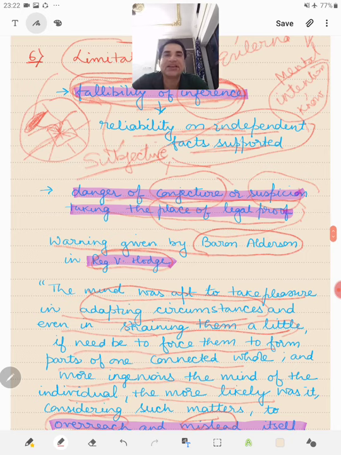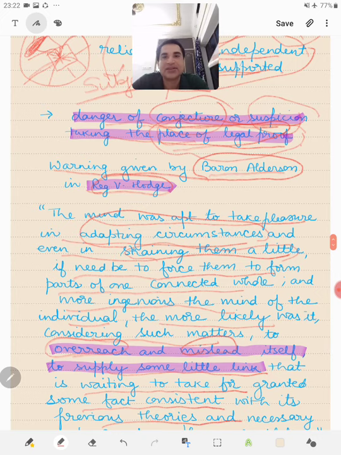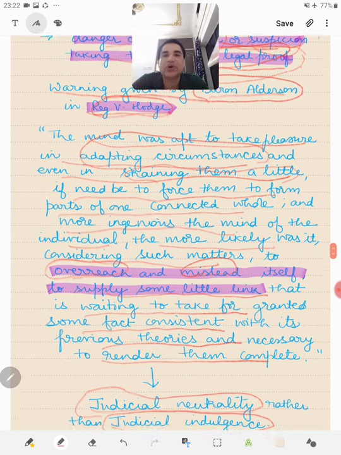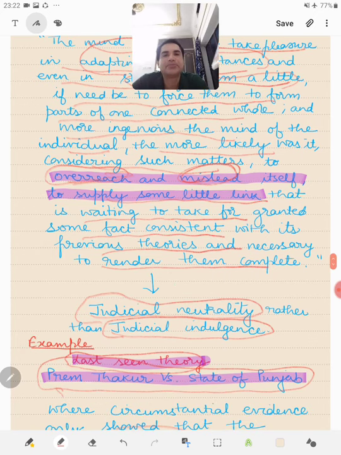Another danger is that of conjecture or suspicion, that is, preconceived notions taking the place of legal proof. And Baron Alderson in Reg versus Hodge has already stated that in certain cases the mind may overreach and mislead by going overboard in making the chain complete where it is even incomplete.